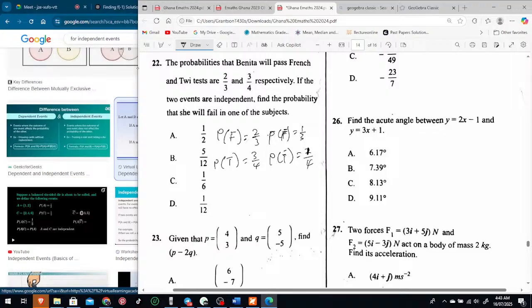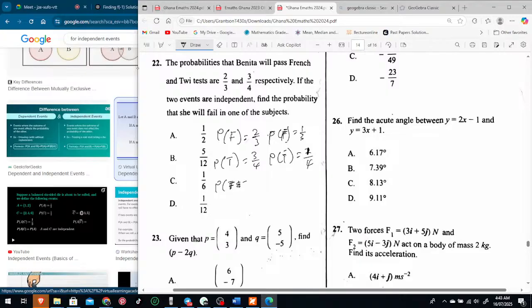1/4. So it's either she will pass this and fail this, or she will pass this and fail this. Once we do that one, then we'll find the probability of her failing in P, and multiply it by the probability of her passing in French. Then we add the total probabilities together to get 5/12.